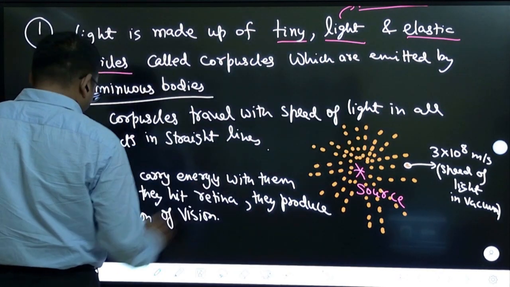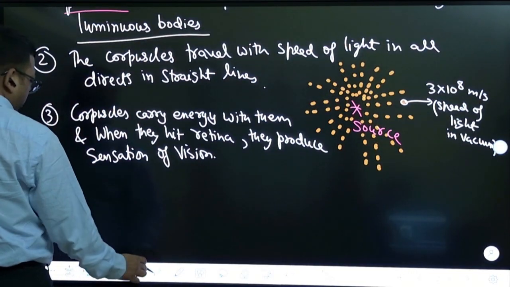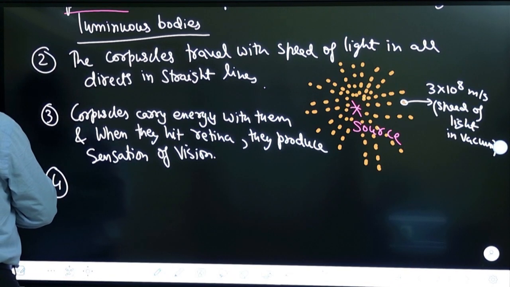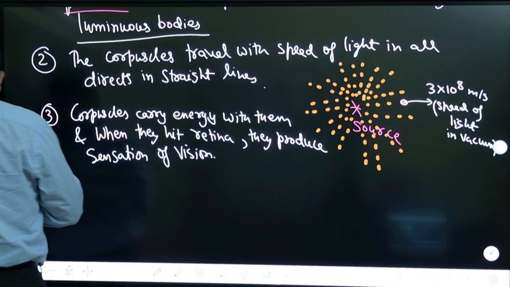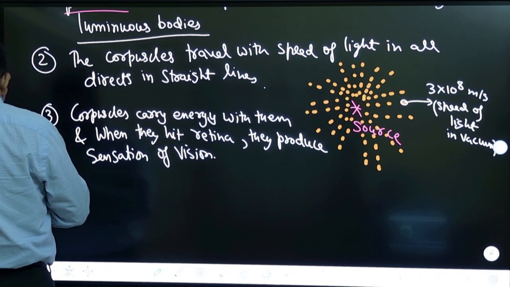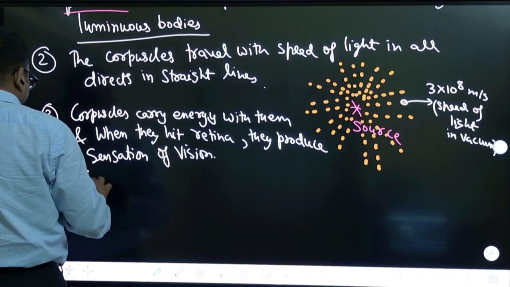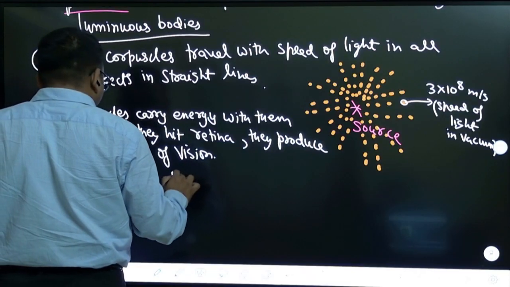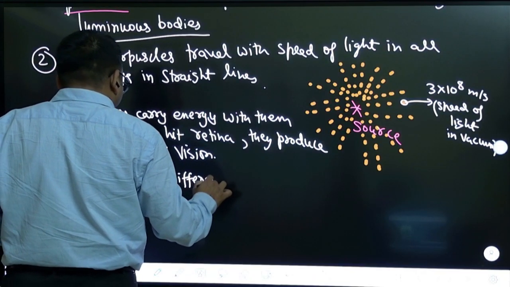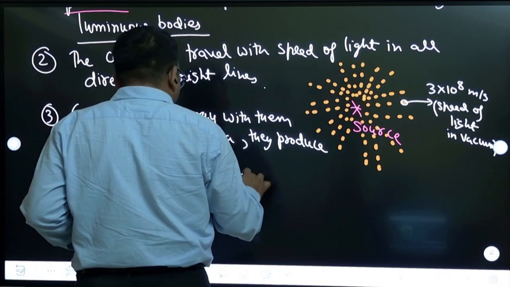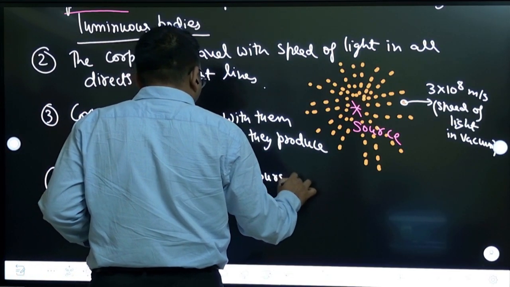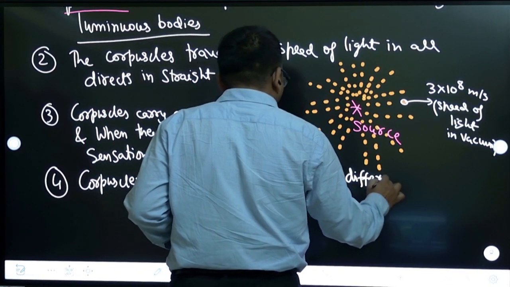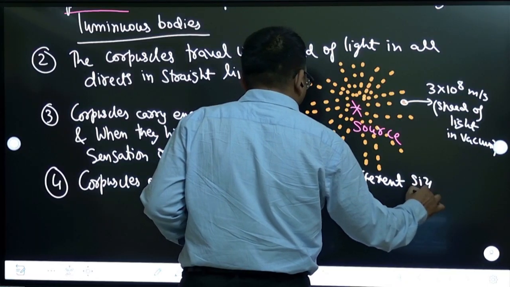Then next point. Corpuscles of different colors are of different sizes.